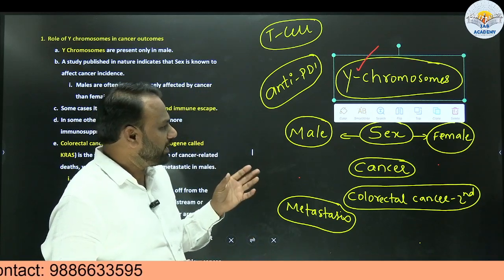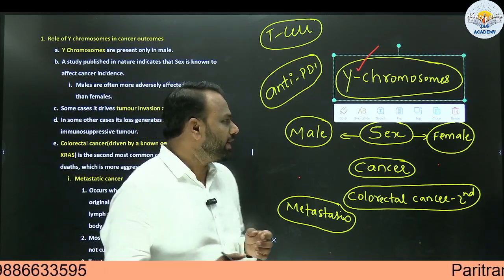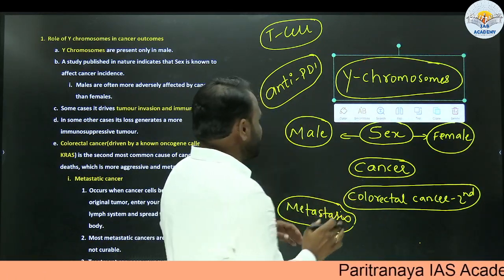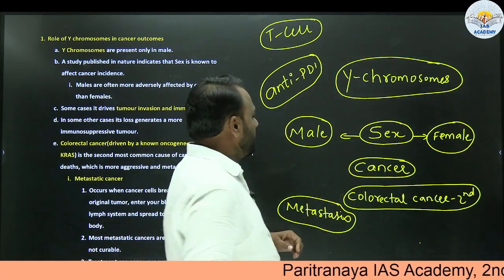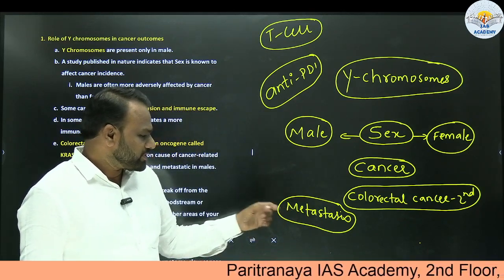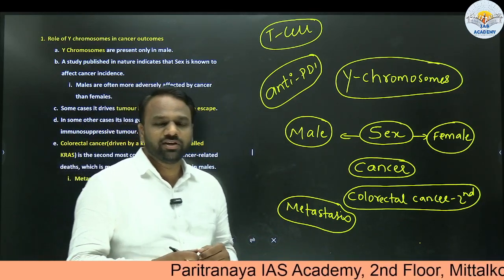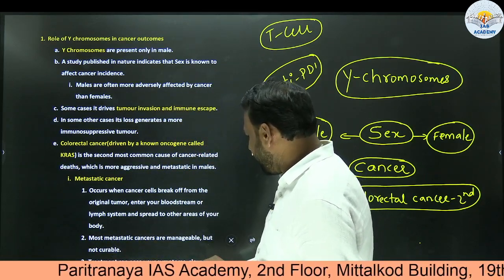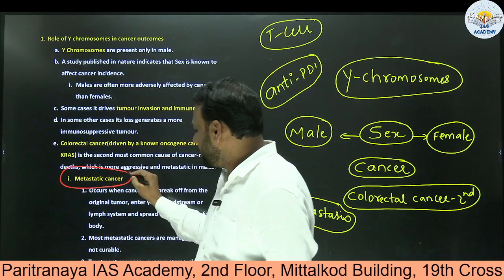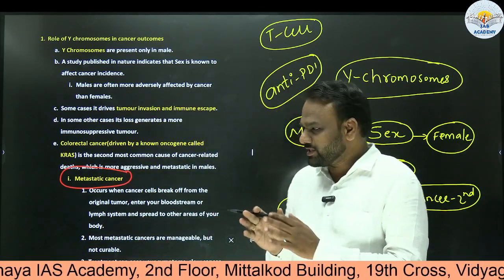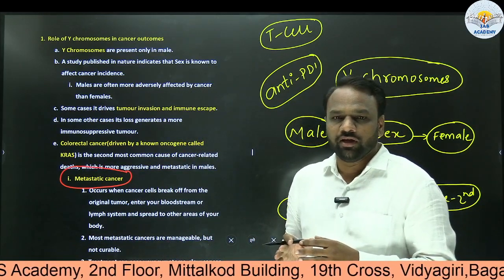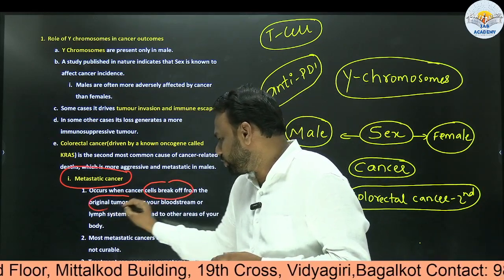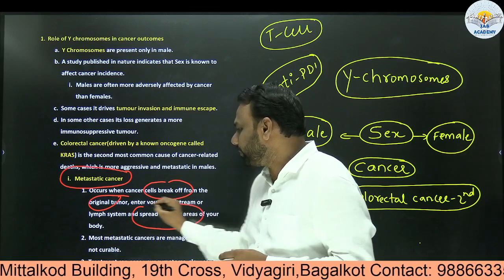In this article, there are some important terms which have appeared, and we need to understand them. Here we come across a term called metastasis. What is metastasis or metastatic cancer? Metastatic cancer is one wherein if a cancer occurs at a particular place in our body, cells will break off from that original tumor and start spreading to other parts of the body.